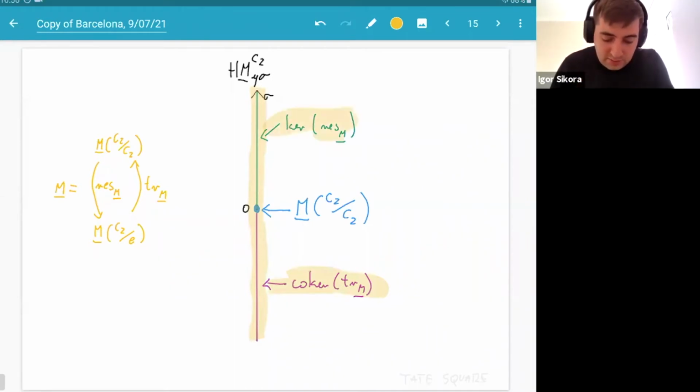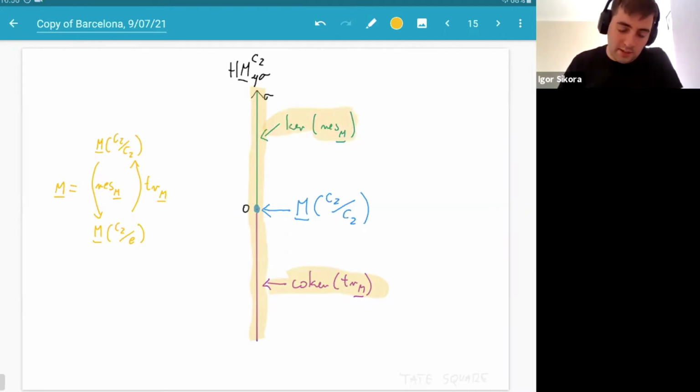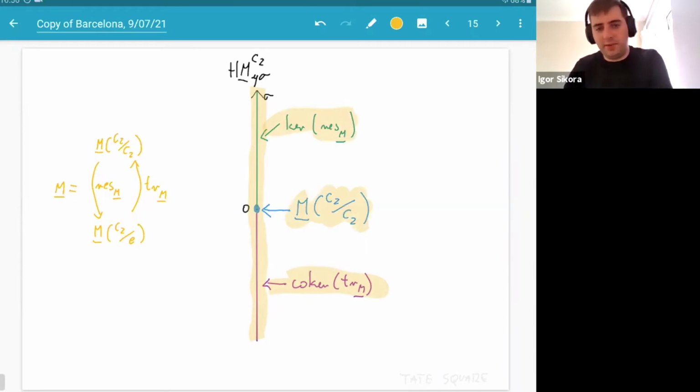If we are above 0, the values are the kernel of the restriction. And if we are at 0, we have the C2 level of the Mackey functor. So this was the easy part. So now let's proceed to the harder part.